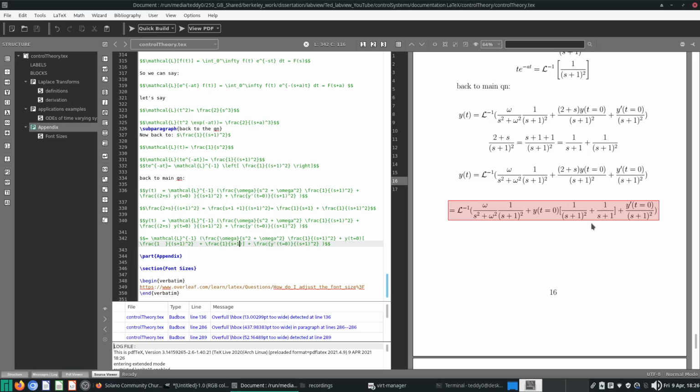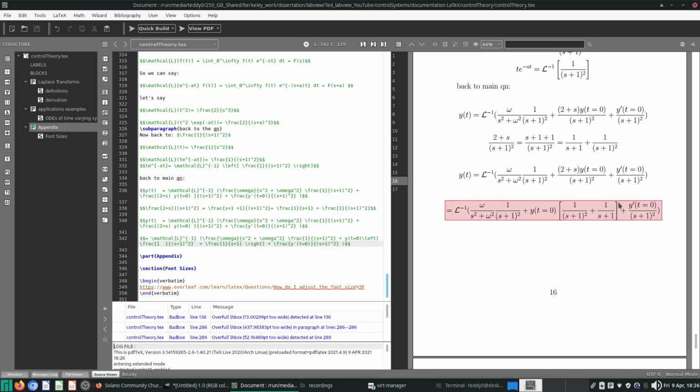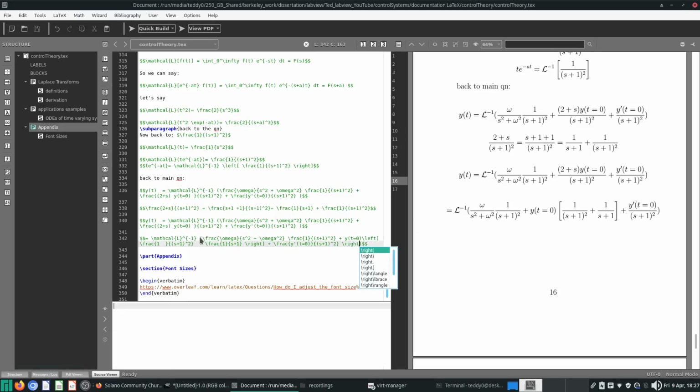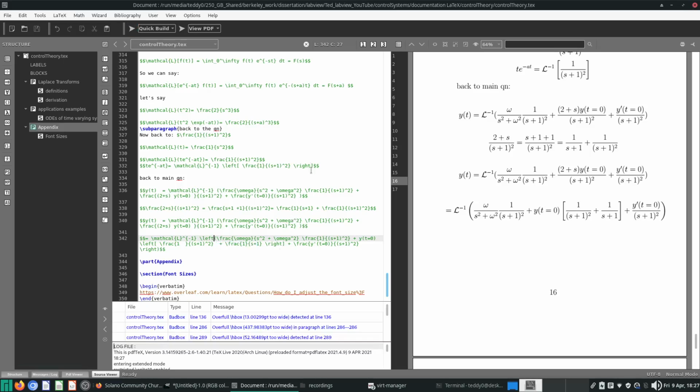And now I think we are more or less ready to inverse Laplace everything. Maybe I'll do a left and right bracket just to make it look very neat. There we go. So much neater.